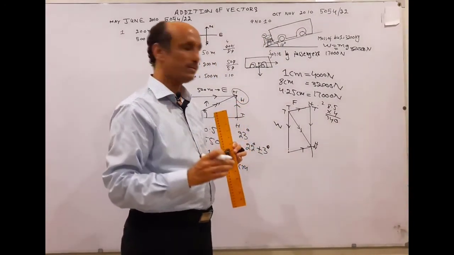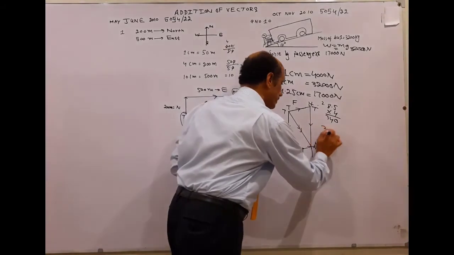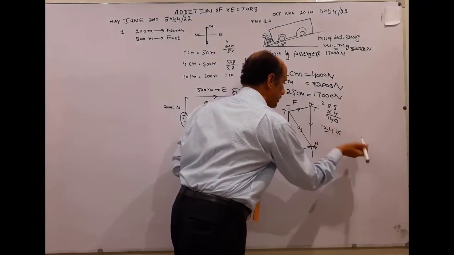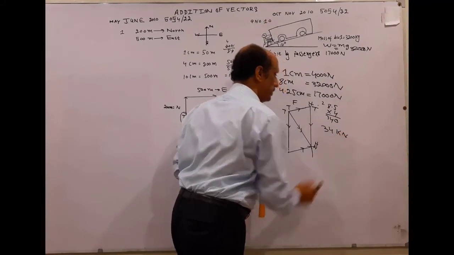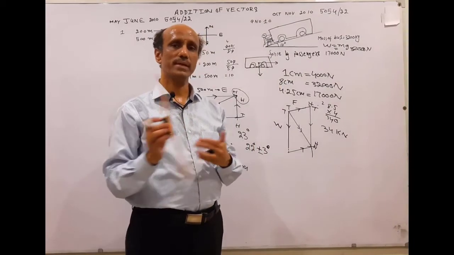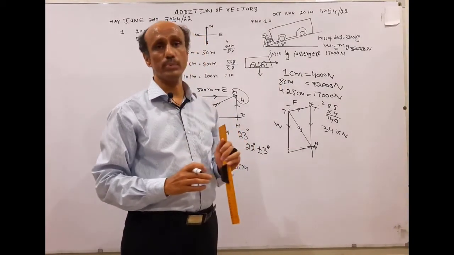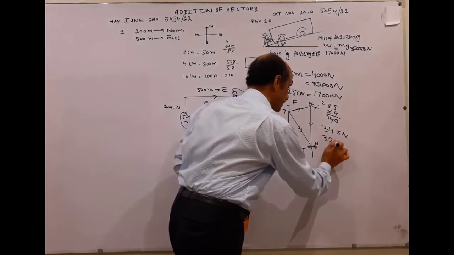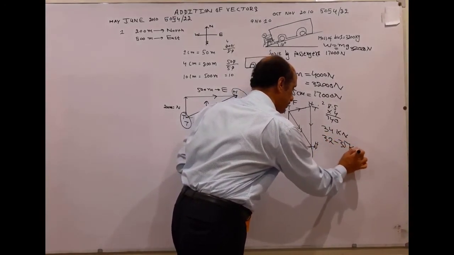So the answer is 34 kilonewton. And the answer in the mark scheme is in the range between 32 up to 35 kilonewton.